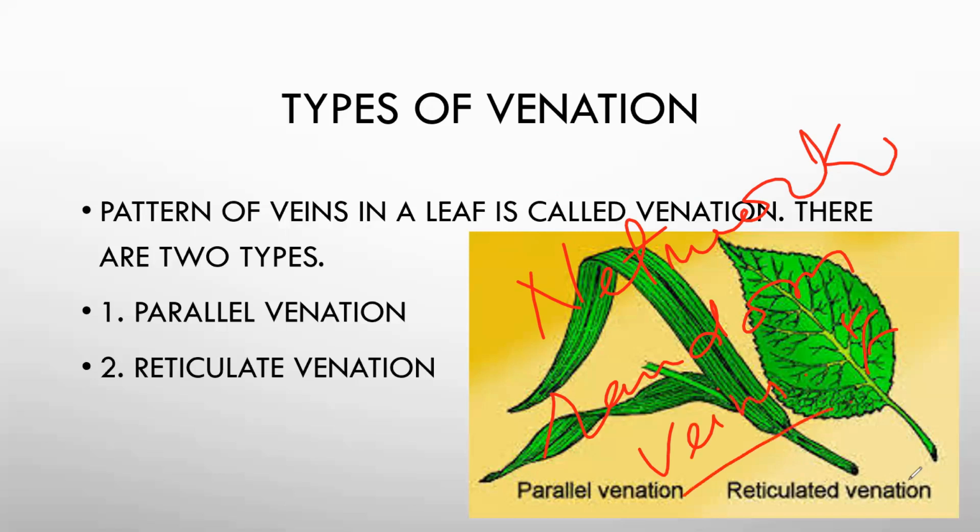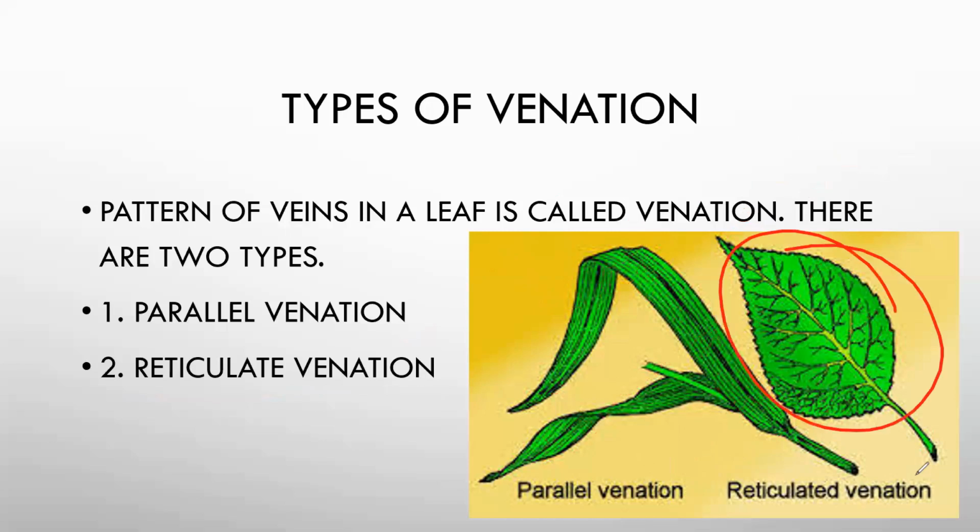This reticulate venation is more common than parallel venation. For example, I'm sure you're all familiar with the leaf of a rose plant. When you take the leaf, you find venations in this manner. So that is our types of venations.